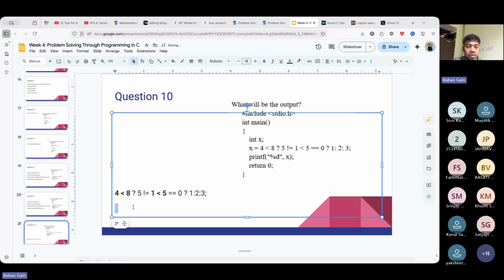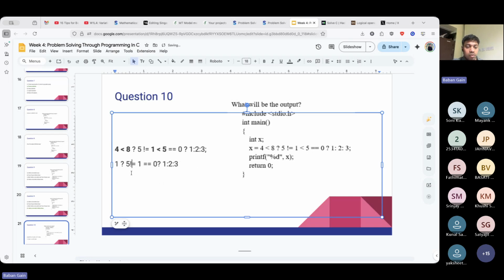So 4 less than 8 is actually true. And 1 less than 5 is also true. Okay. So then after that, what are the steps? Up to this, it is fine. 5 not equal to 1 is also true. Okay. Let me go step by step at least.